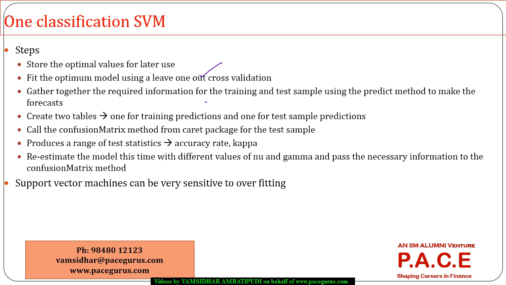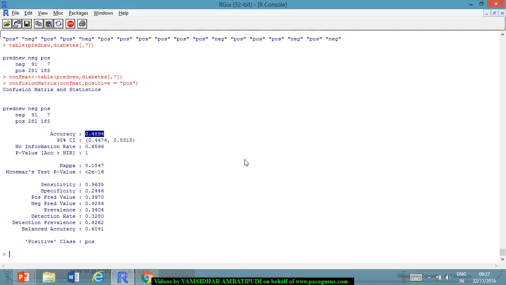Use that for your prediction on the test data, and we are creating tables for training data as confusion matrix, testing data as confusion matrix. Use the confusion matrix method from the caret package and try assessing the various statistics. The kappa is a much better measure of the accuracy of the model, but it's hardly around 15%.